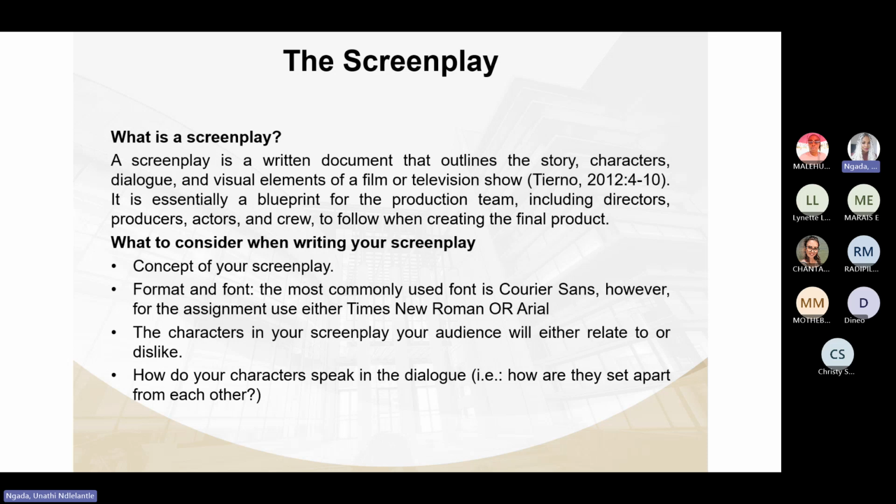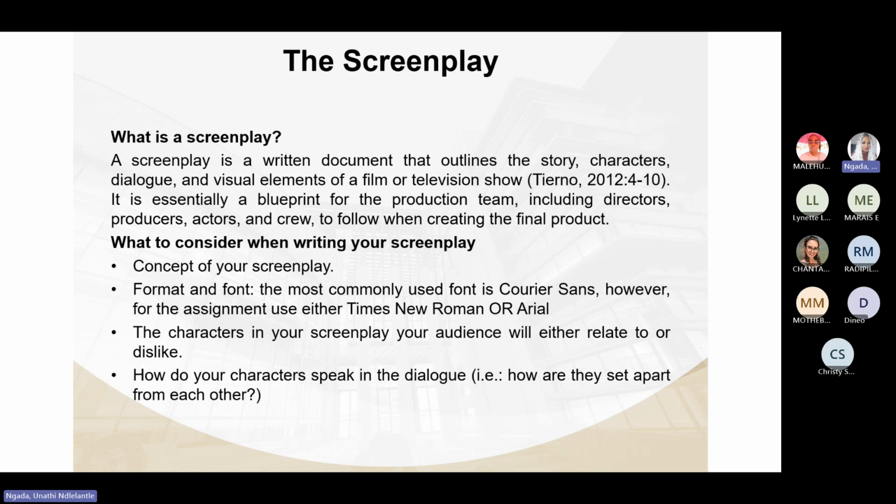He talks about what the screenplay is, what the process of drafting a screenplay is. The screenplay here is essentially the blueprint for the production team, including the director, the producer, the actor, and the crew, to follow when they are creating the final product.